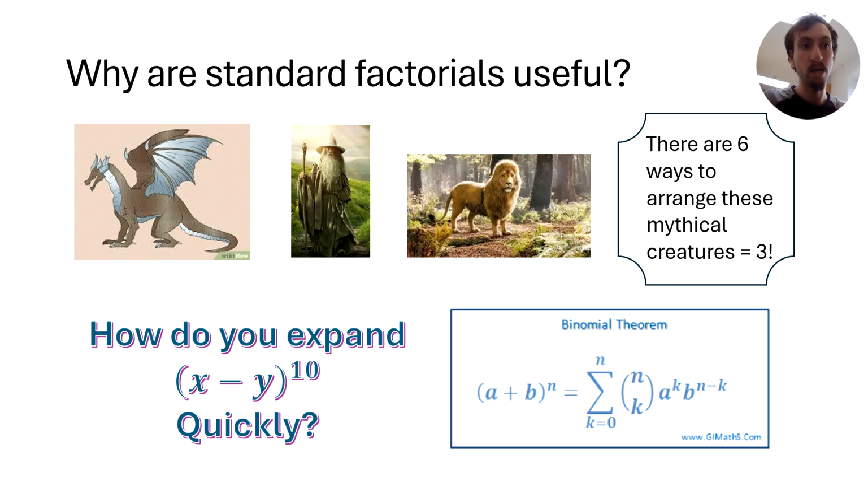The column with n over k is nCk, so it's using the nCr notation. So the binomial series does use factorials ultimately. So factorials come up in a lot of places when we're taking the factorial of an integer.